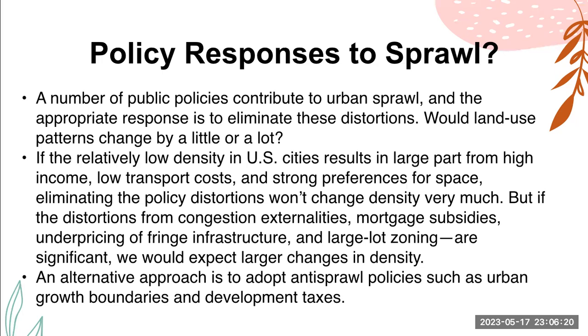But if the distortions from congestion externalities, mortgage subsidies, underpricing of fringe infrastructure, and large lot zoning are significant, we would expect larger changes in density. An alternative approach is to adopt anti-sprawl policies such as urban growth boundaries and development taxes.